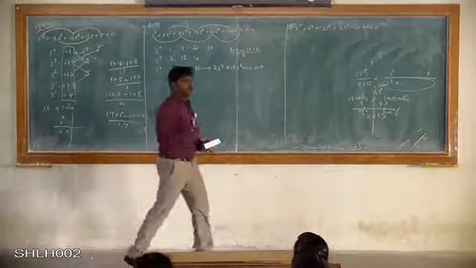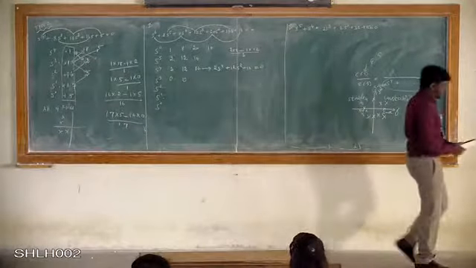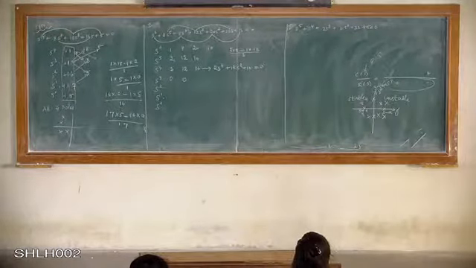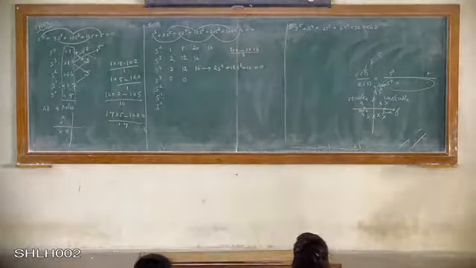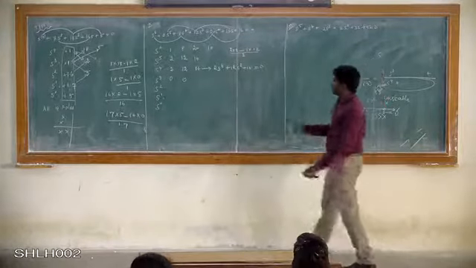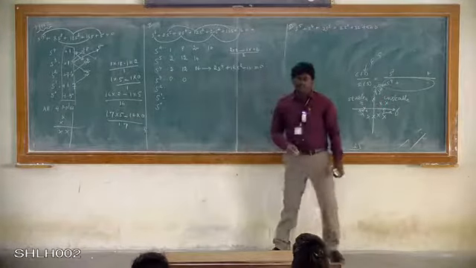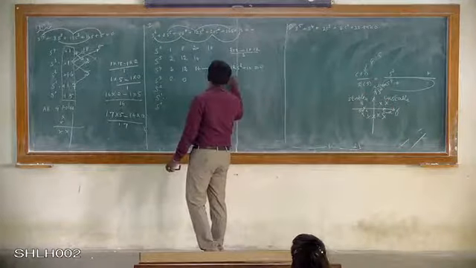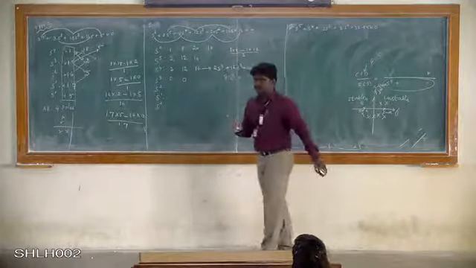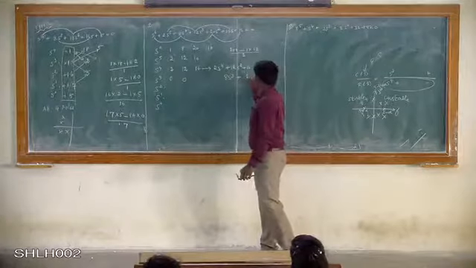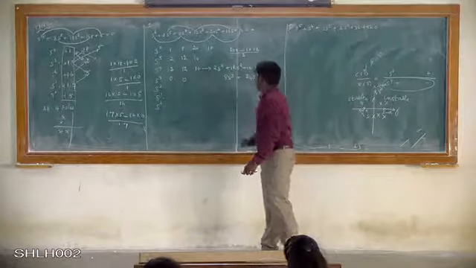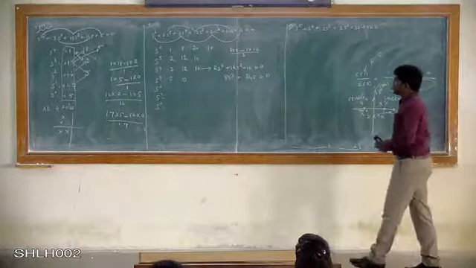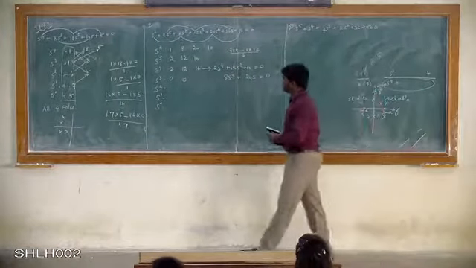We will have to differentiate this equation. If you differentiate this equation, then it will become 8s cube plus 24s is equal to 0, right?